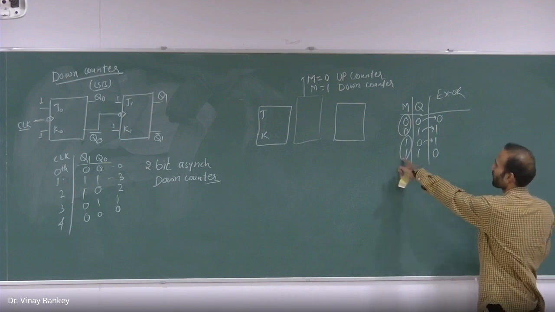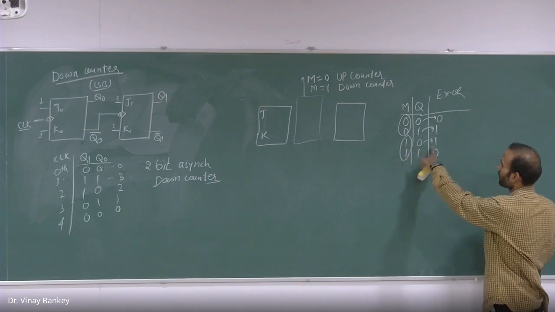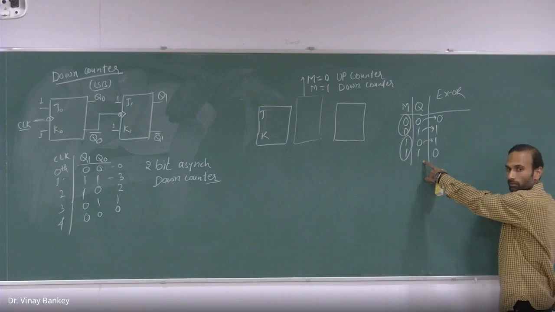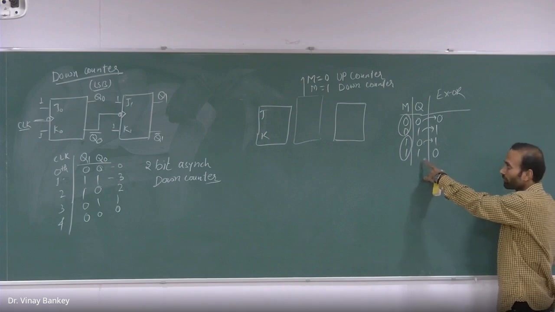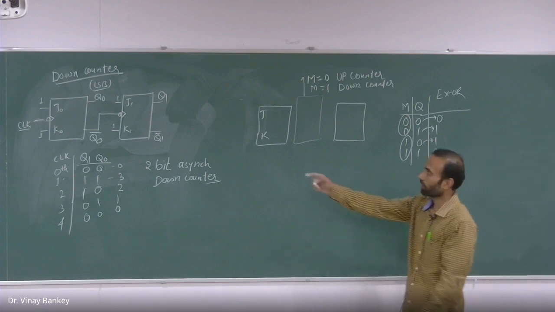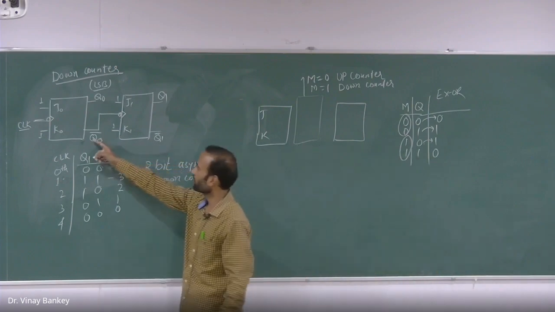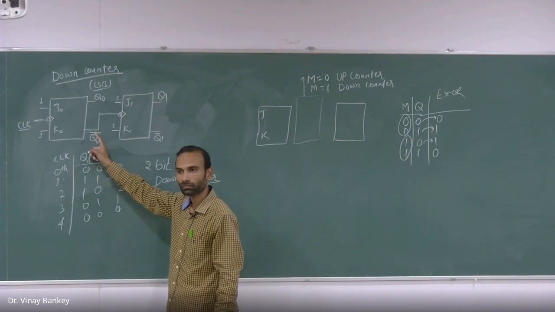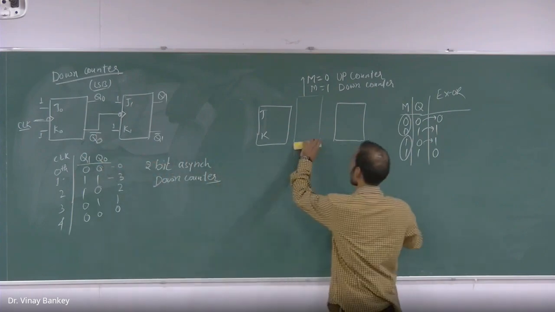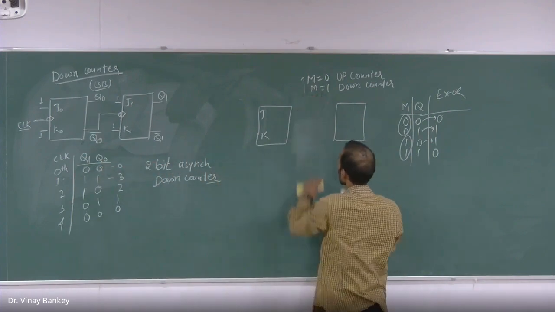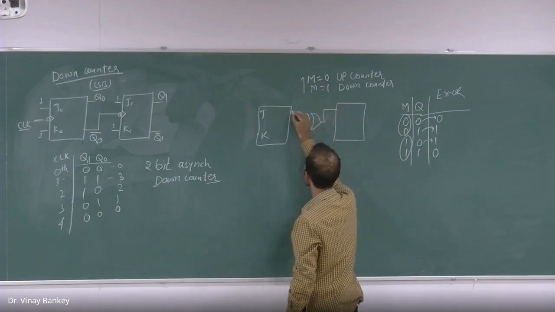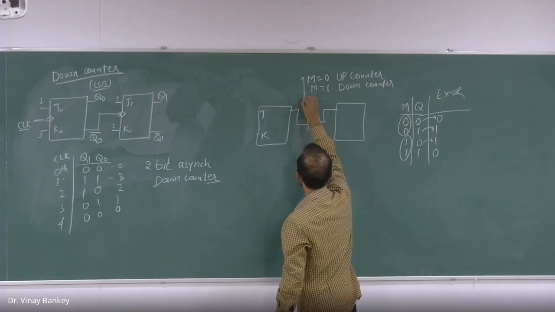When we have M equal to 1, the output of this XOR gate is what? Complement of Q. And that we need for the down counter. What we need is the complement of the output of the previous one. So now see, if I arrange this in this manner, I use one XOR gate, and now I connect here with this.